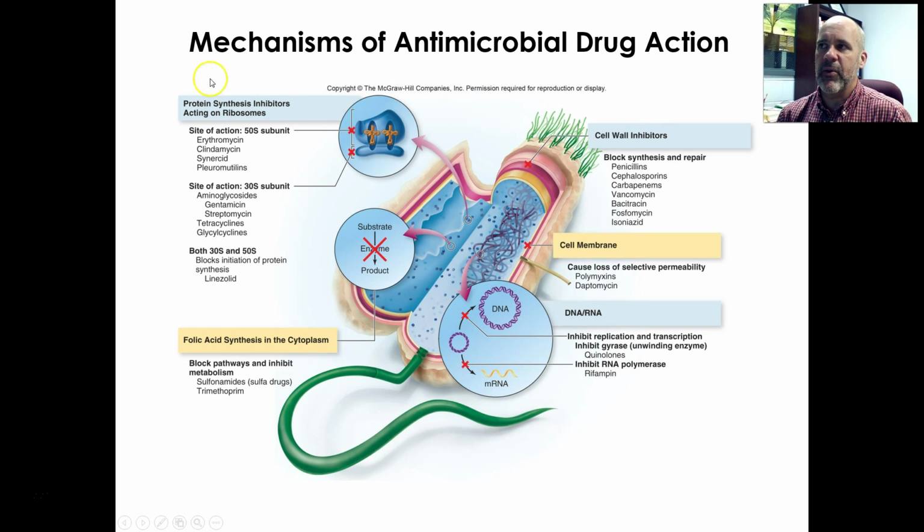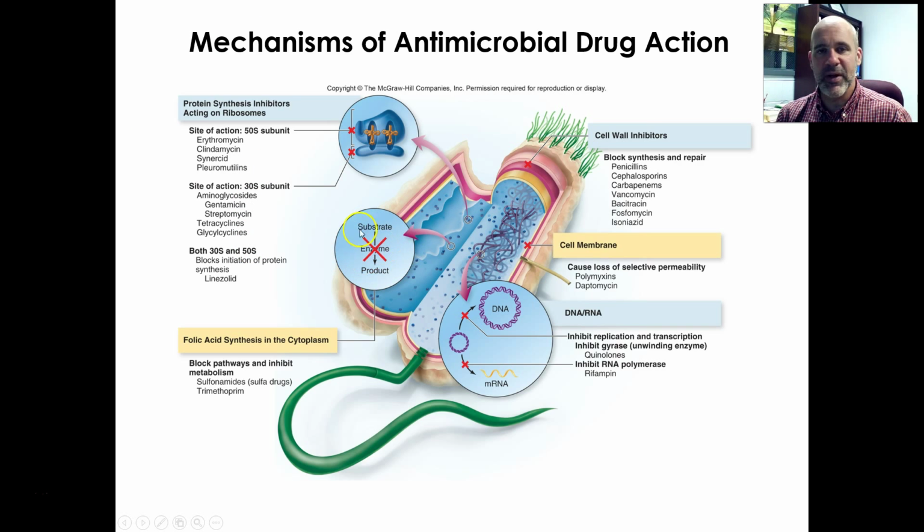But some major categories here: protein synthesis, acting on the ribosomes. Lucky for us, bacterial ribosomes are a little different from eukaryotic ribosomes. So therefore, we've lucked out, and there are quite a few drugs that in some way interfere with bacterial ribosomes but don't interfere with the ribosomes in our cells. And of course, if your ribosomes are screwed up, you can't make your proteins.